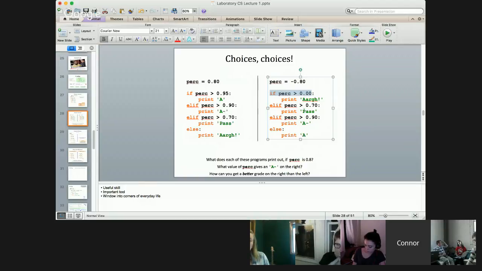Larger. That's not totally true. So if perk is greater than 0, not because it's less than 0, we print arg. Else, if perk is greater than 0.70, it still isn't print pass. Does that make sense? Yeah.